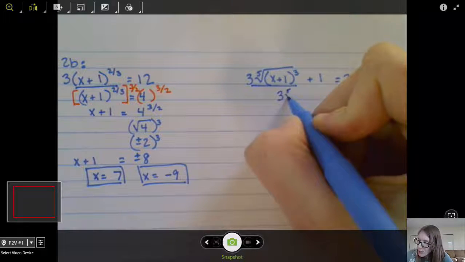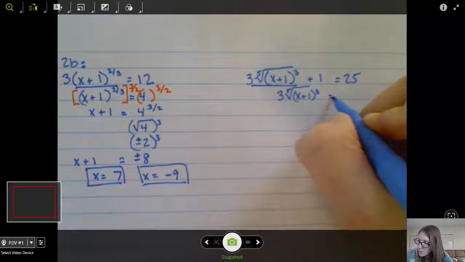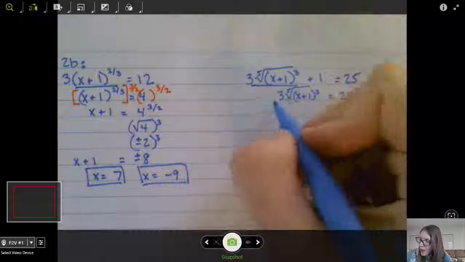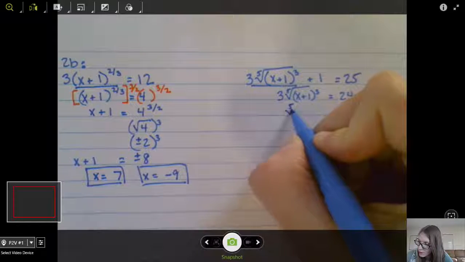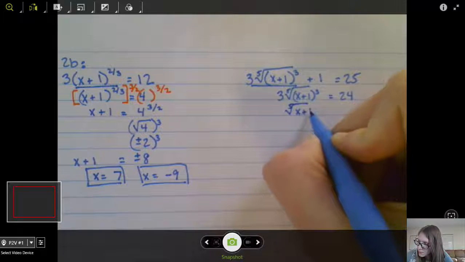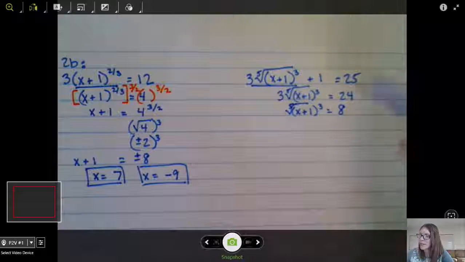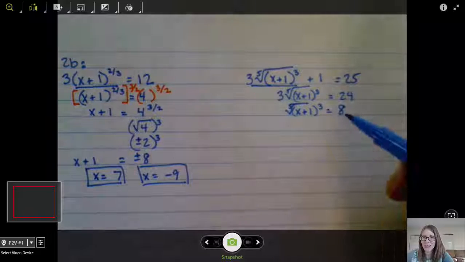I get 3 times the 5th root of (x+1) cubed equals 24. And then divide both sides by 3 to get the 5th root of (x+1) cubed equals 8.